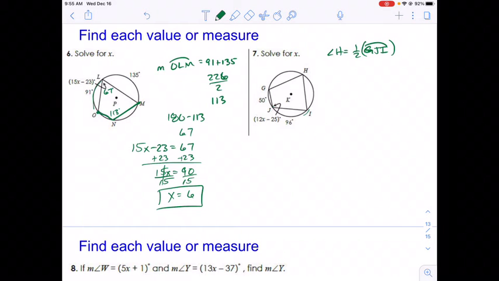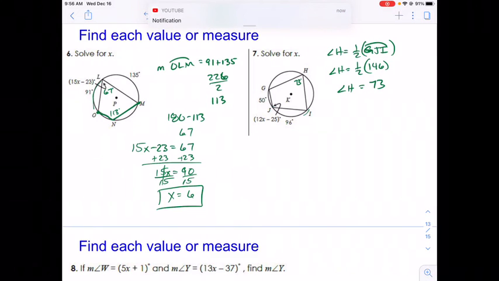If we add these up, 50 and 96, that's going to give us 146 times 1/2. And half of 146 is going to be 73. So angle H is 73. And then we will subtract it from 180.